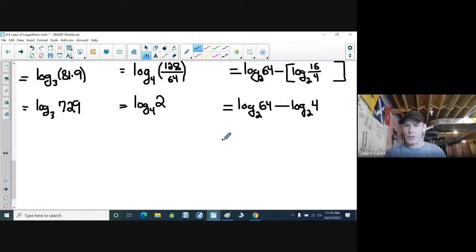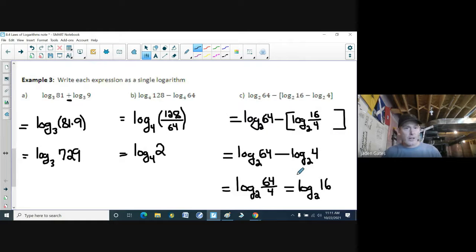Because they have the same base, I can simplify this even further. Again, it's subtraction, so I've got the log base 2, and 64 has got to be the numerator. That denominator is 4. And I could further simplify that because I can divide 64 by 4 nicely. So I got the log base 2 of 16. And actually, I could evaluate that.